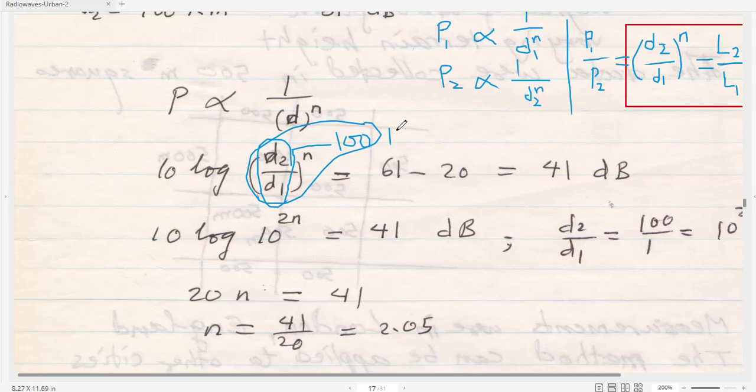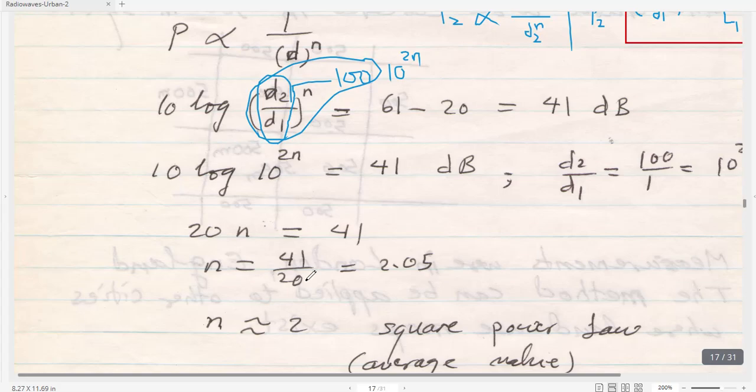So this is 10 to the power 2n, which gives 20n. This means that 20n is equal to 41. Then n is 41 over 20, which is 2.05. So n is around 2.